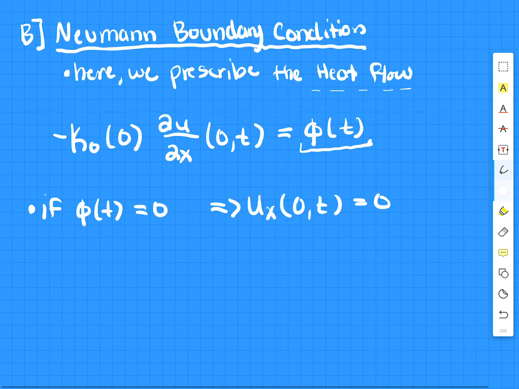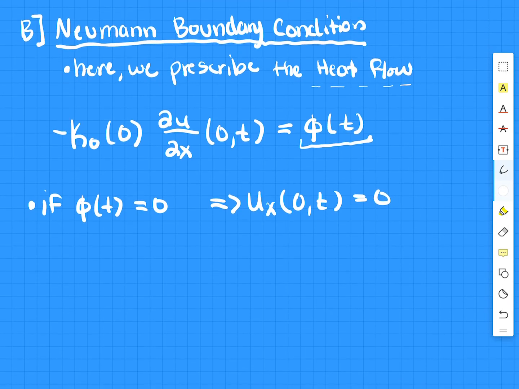And essentially what this is saying is that there is no heat flow going through the rod on that particular side. So mathematically, this is how we would represent it.